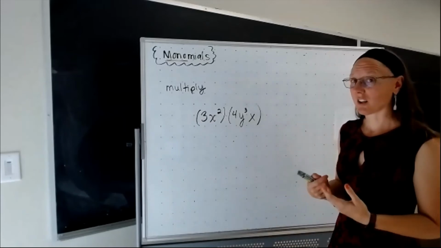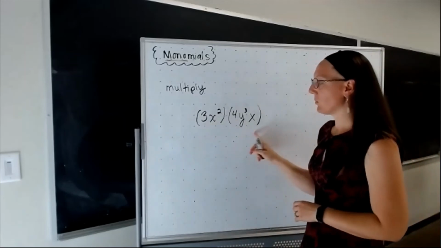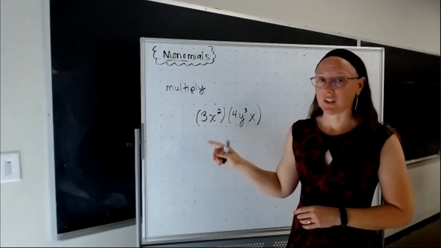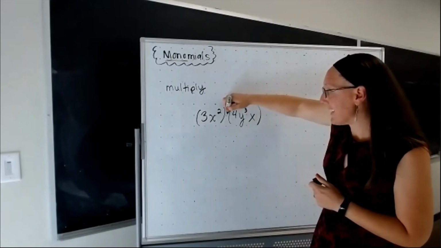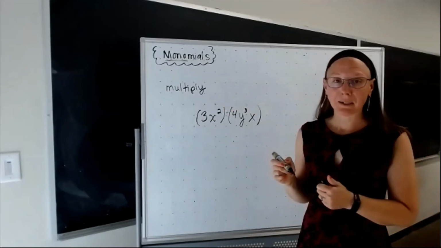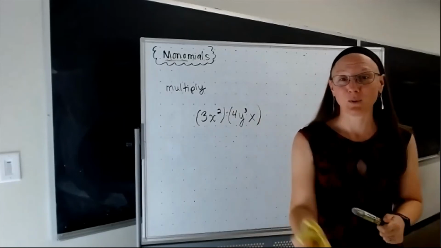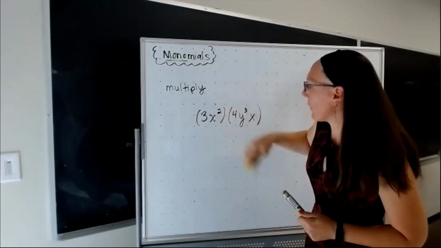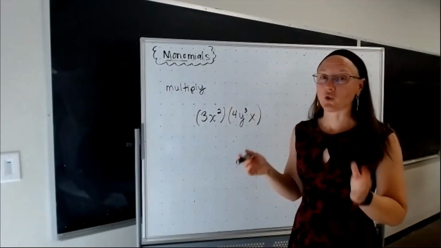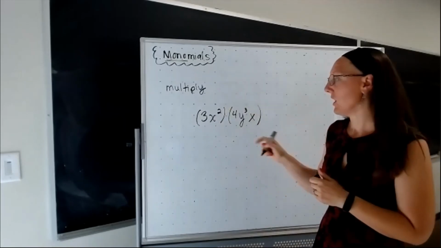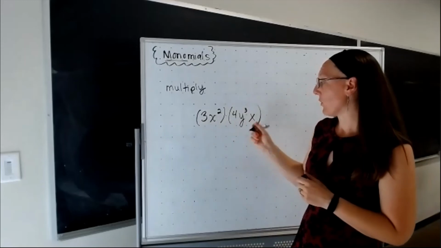So for starters, because everything's being multiplied together, I don't actually need to write the parentheses. If there were addition in between here, then those parentheses would be needed. But because it's all multiplication, I can ditch the parentheses and just group my like terms together. So I'm going to go ahead and multiply the 3 times the 4.